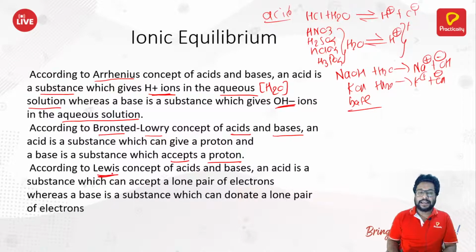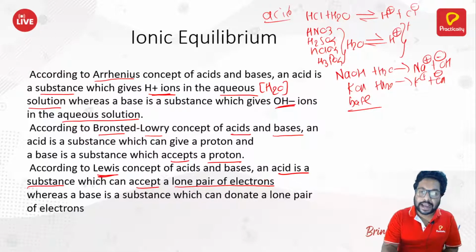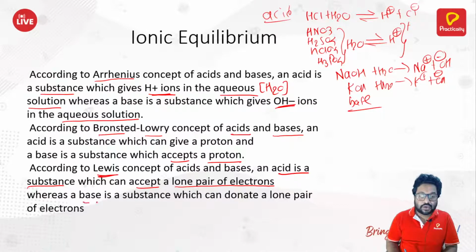He said an acid is a substance which can accept a lone pair of electrons, and any substance which donates a lone pair of electrons is a base. So bases are basically lone pair donors and acids are lone pair acceptors.